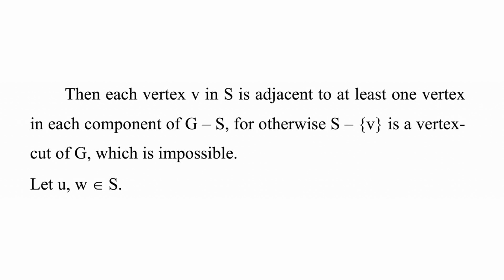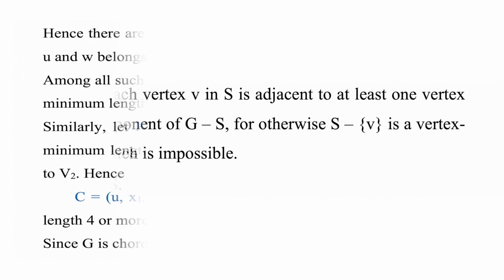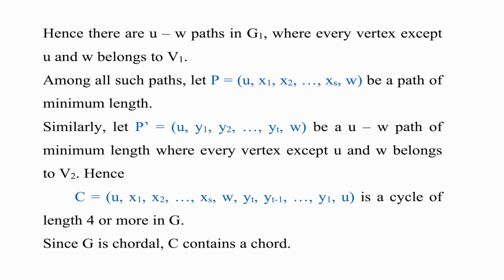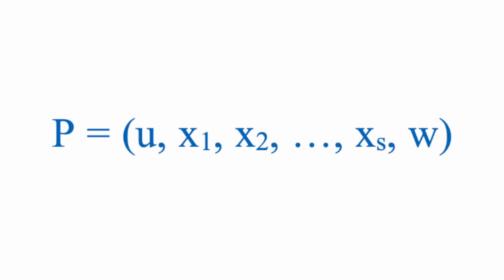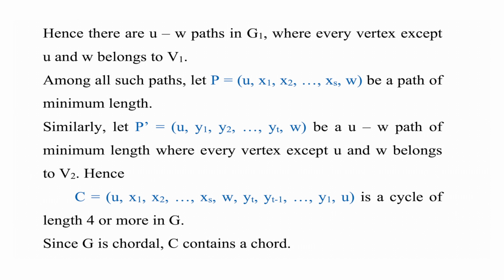Let u, w belong to S. Hence, there are uw paths in G1 where every vertex except u and w belongs to V1. Among all such paths, let P equal u, x1, x2, etc., xs, w be a path of minimum length.